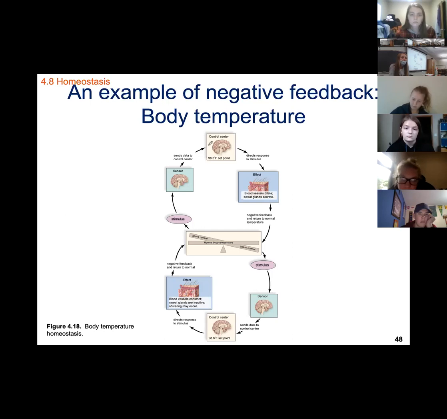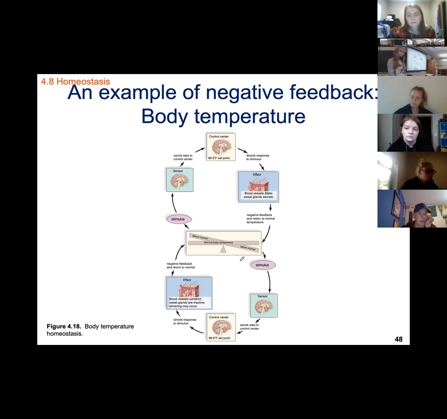What happens is then your control center, it knows that our regular body temperature is 98.6 degrees Fahrenheit. It's in the direct response to the stimulus. The blood vessels dilate, meaning they get a little bit bigger. The sweat glands secrete some sweat, and we send some solution straight to the spot of where we were feeling too hot, to our skin.